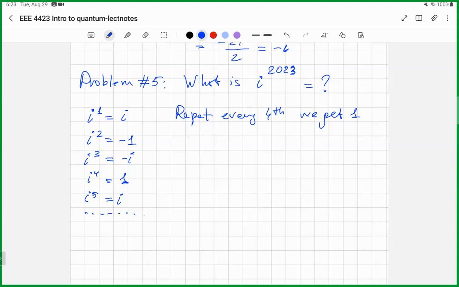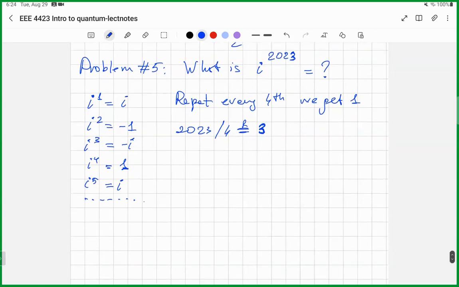That means that if we divide 2023 by 4 and take the remainder of this operation, let me divide 2023 by 4 and take the remainder. So I get 3. So 3 is the remainder.